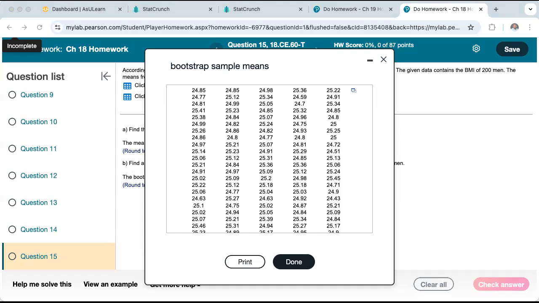Is that okay? And then I click on compute.